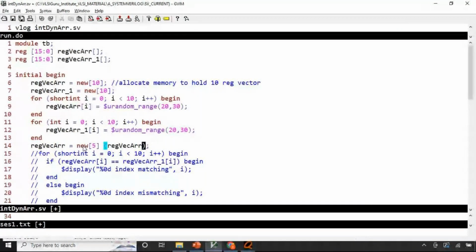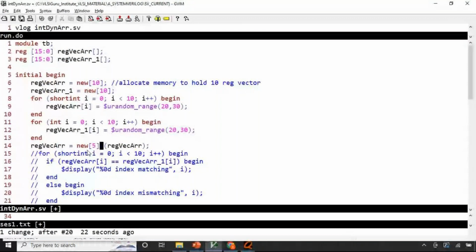Whatever 5 elements that are there, they continue to be held. If you don't pass it, it will erase and just give default values. Default values will be all zeros, let's say. It will fill all 5 elements with 0, 0, 0, 0 values. Whereas if you give the array, it retains the existing values.